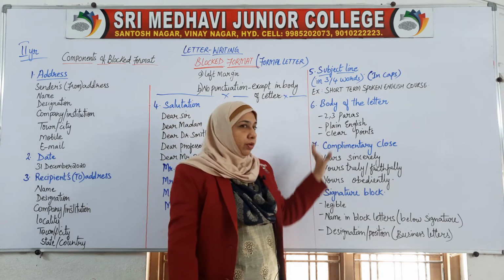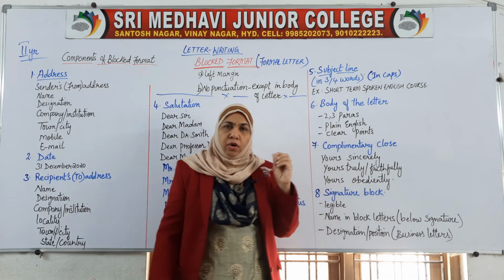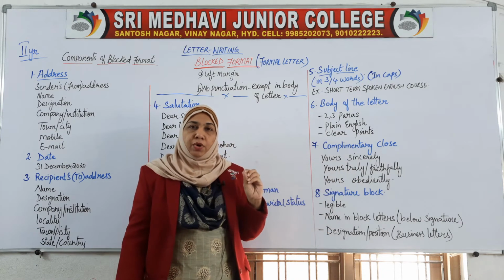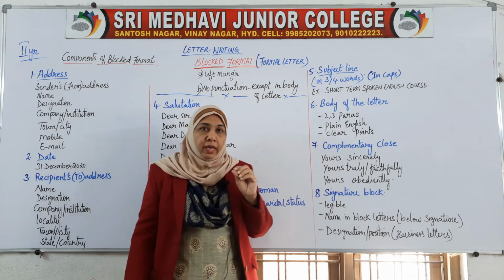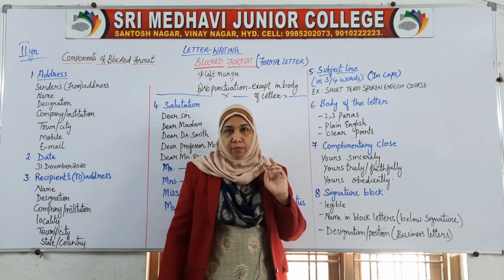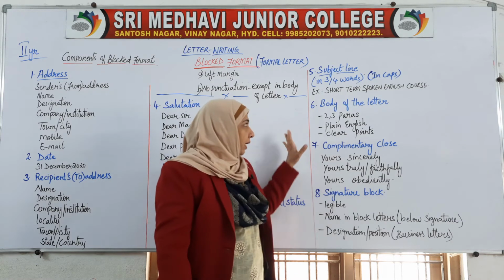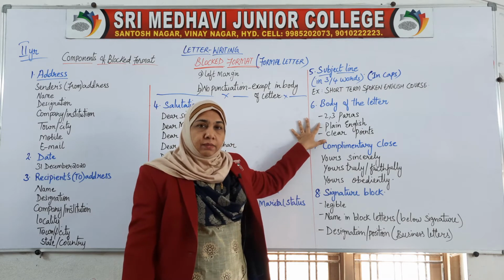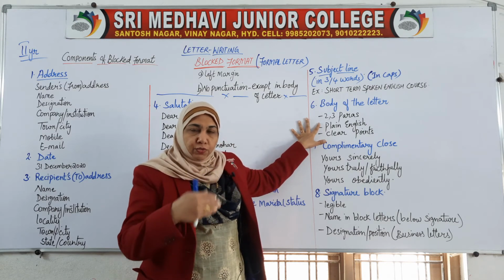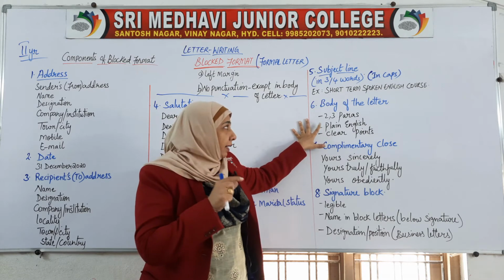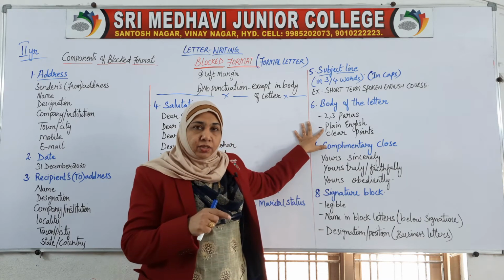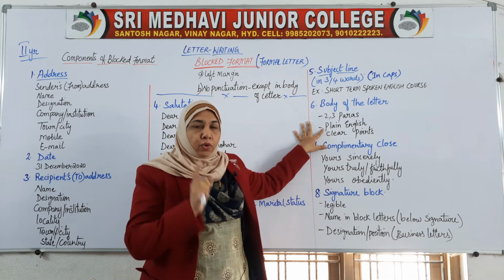Next is the body of the letter. The body of the letter is the most important part, where you have to express yourself in a proper, better way. You can make two to three separate paras for that, and write in plain English with clear points.